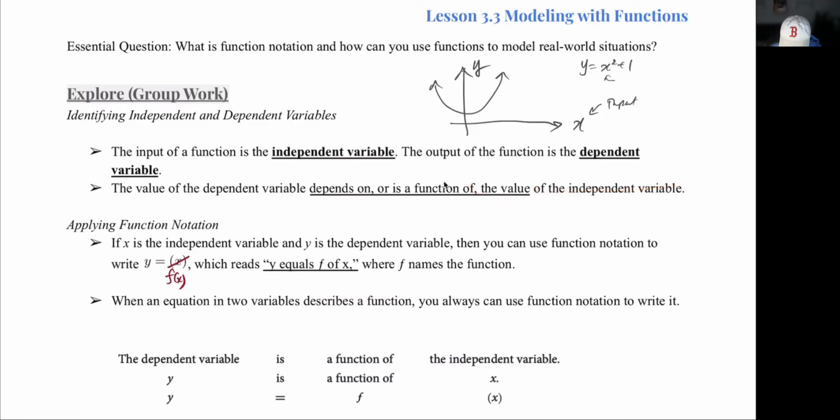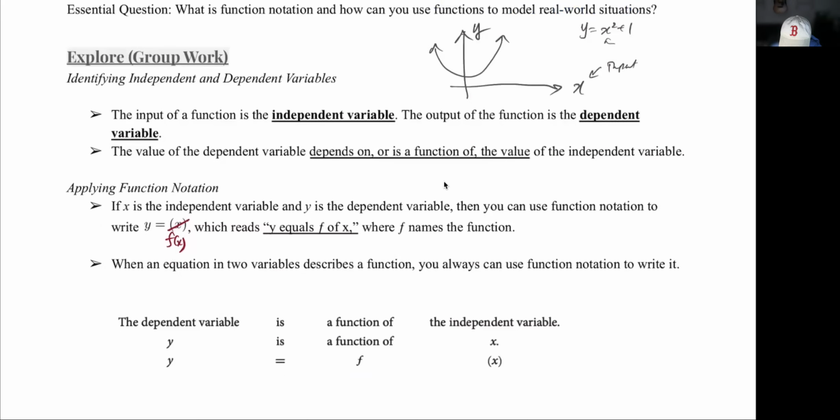Okay, so let's go through the terminologies, guys. If x is an independent variable and y is a dependent variable, then we could use function notation to write y is f of x, and that's how we say it.